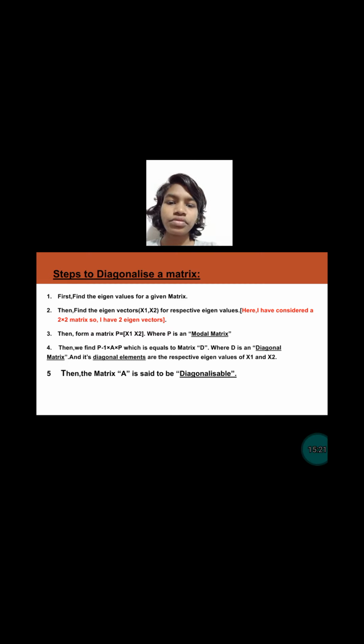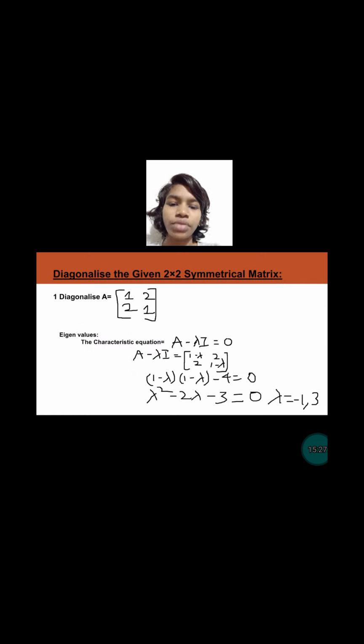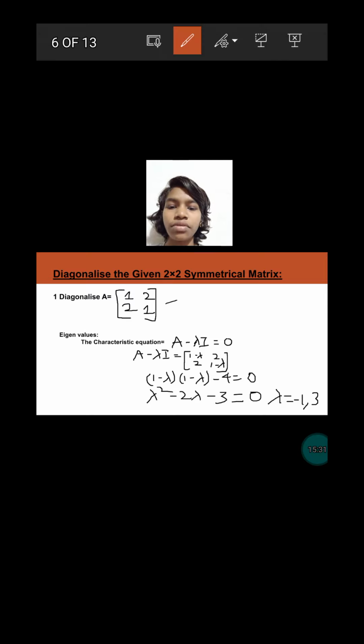Okay, now let us look at an example. Diagonalize the given 2 by 2 symmetrical matrix. What is meant by a symmetrical matrix? A symmetrical matrix is nothing but a matrix where, when we interchange the rows and columns, if we get the same matrix, then we say that the matrix is symmetrical.